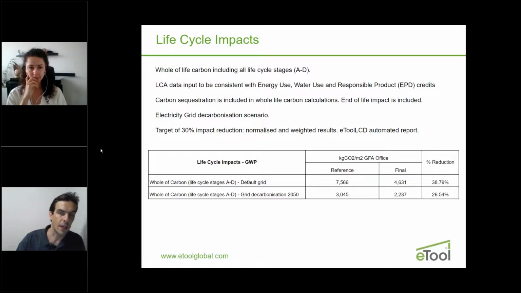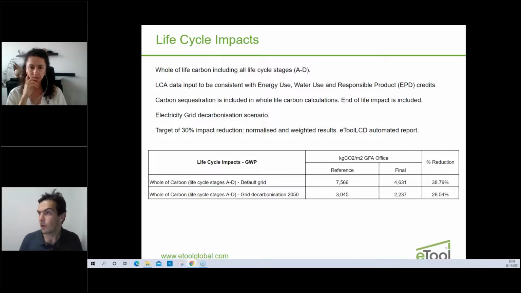In this case, you can account for the carbon sequestration because the end of life impact is included, and I'll show you what this means. I'll actually show you now.